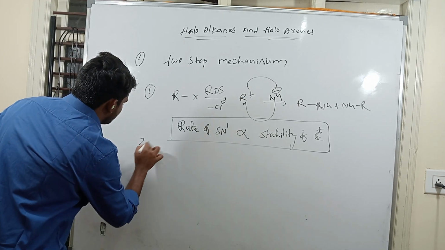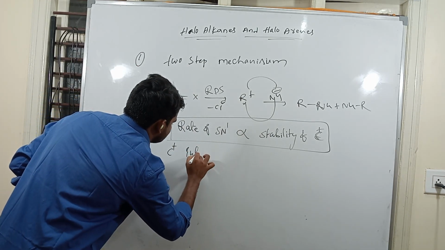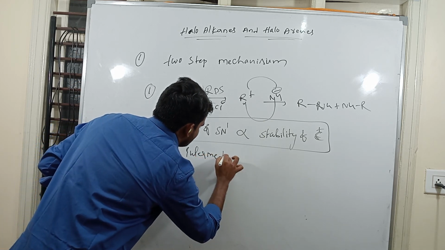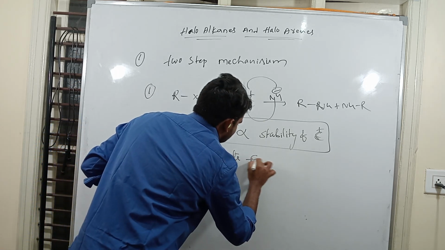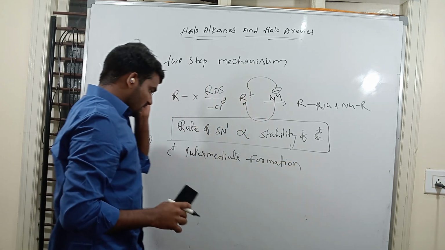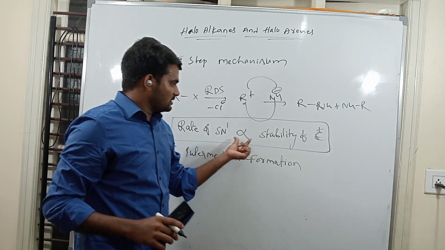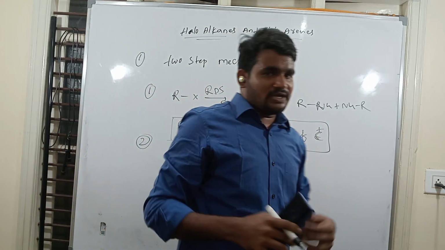What is the second point? Here, carbocation intermediate formation. The rate of the SN1 reaction is directly proportional to the stability of the carbocation.